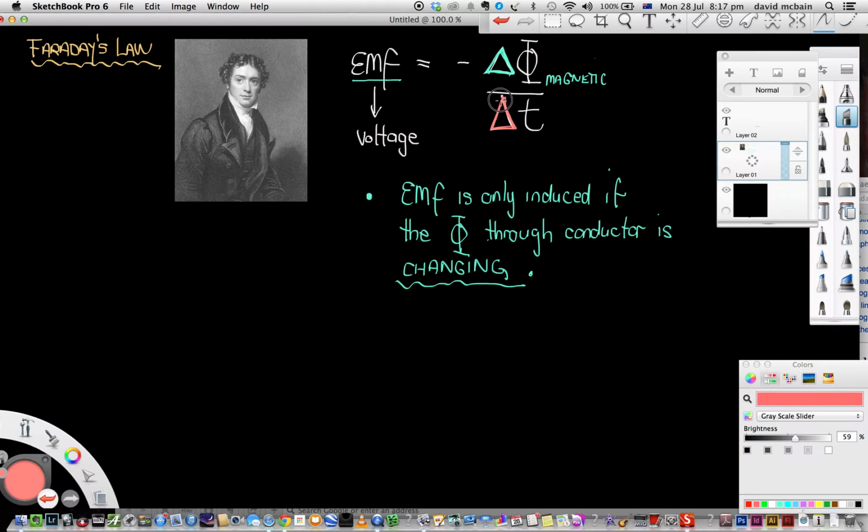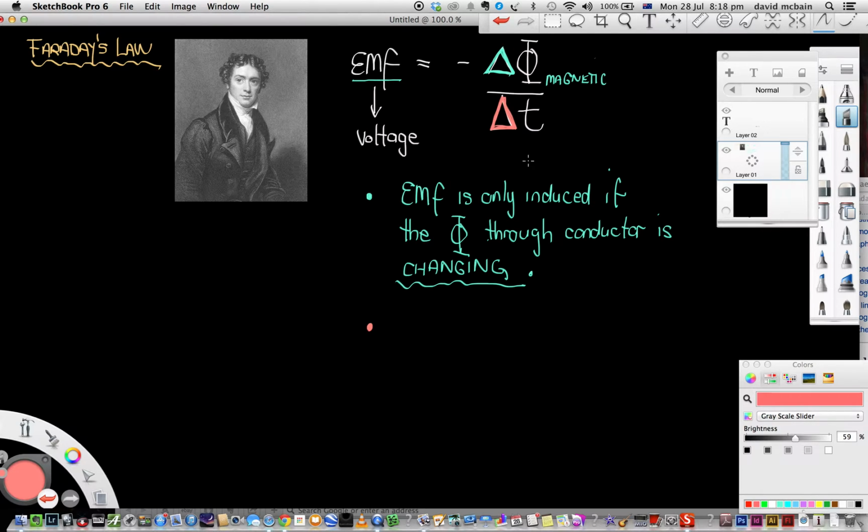The second point we need to make is that what determines the EMF is not only whether the flux is changing, but how much it changes with respect to time. In other words, how quickly the flux is changing. If the change in flux occurs over a very short time, a small change in time, that will give us a very big value of the voltage.